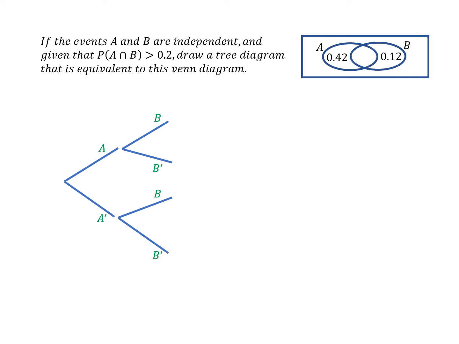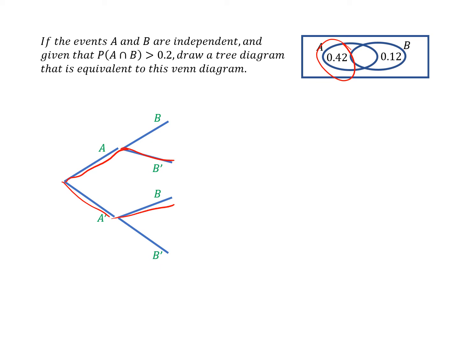So first we can look at this 0.42. That 0.42 is in A but not in B. So that's this path through the tree, whereas the 0.12 is in B but not in A, so that's this path through the probability tree.